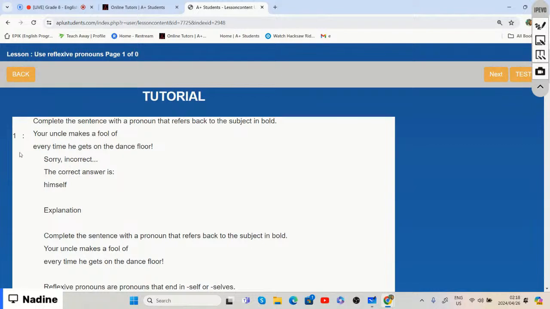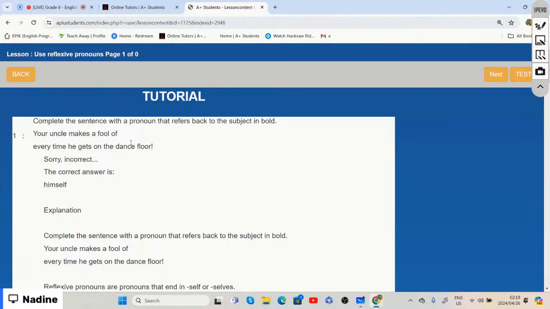All right. So, for example, it says, your uncle makes a fool of. We need to refer back to your uncle. Remember, the uncle is him, right? Or he. So if we were to find the pronoun of uncle, it would be he. Which means that we need to find the correct reflexive pronoun that refers back to the subject, which is he.